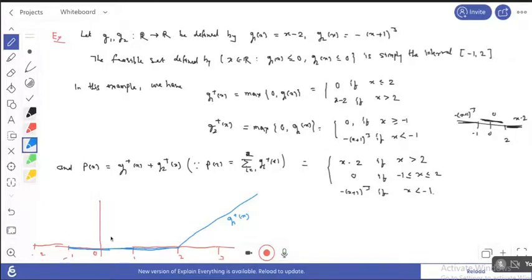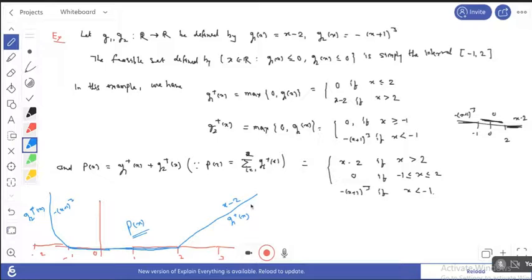After that, on the other side, your function is defined like this: minus of (x plus 1) cubed, and that is your g2 plus of x. Here this is x minus 2. So this is your penalty function.